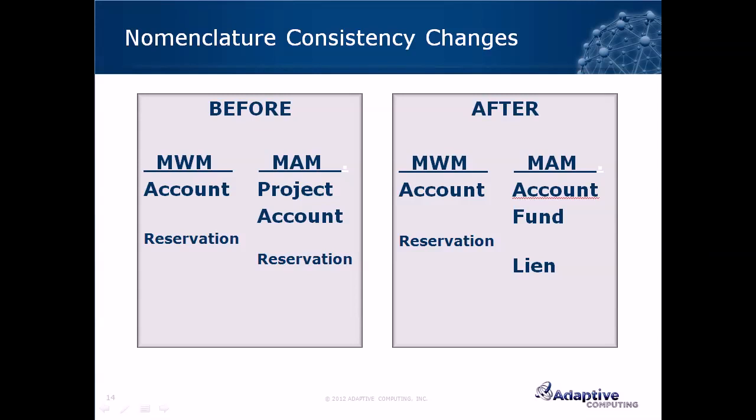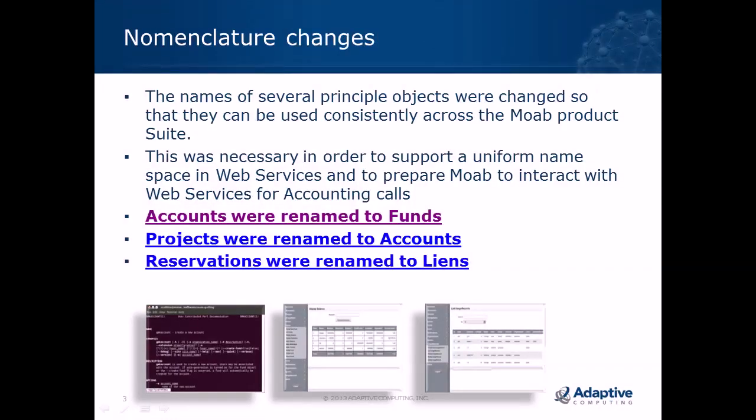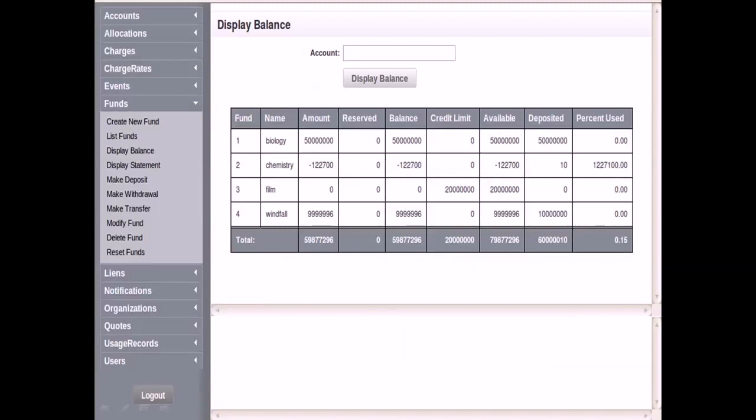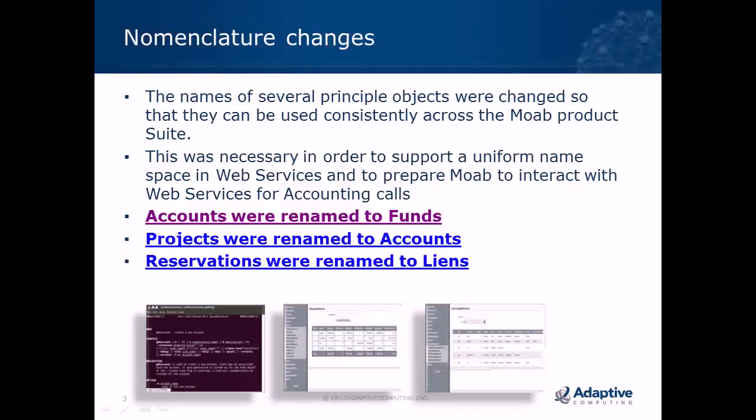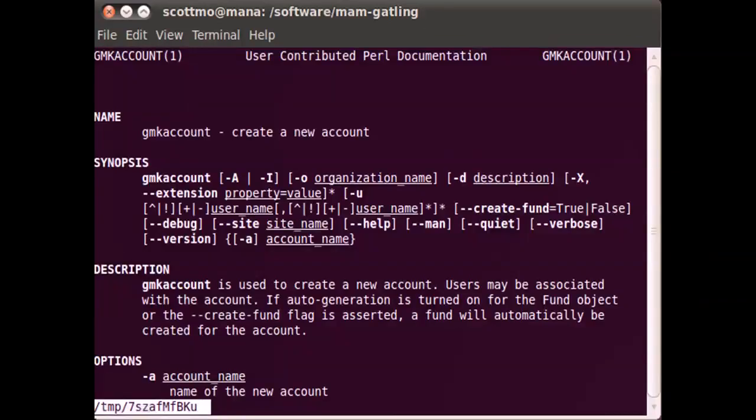It allows web services to have a common view of what things mean. It allows you to do an account query and pull the pieces from Moab Accounting Manager and Moab and integrate them together in a common result for you. Of course, that's integrated into the GUI and into the new command line clients, the new terminology.